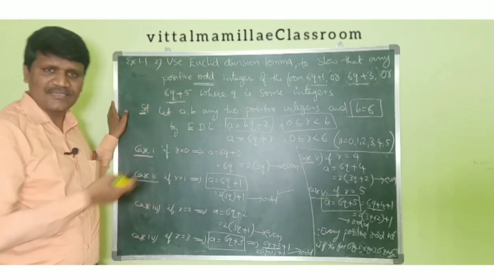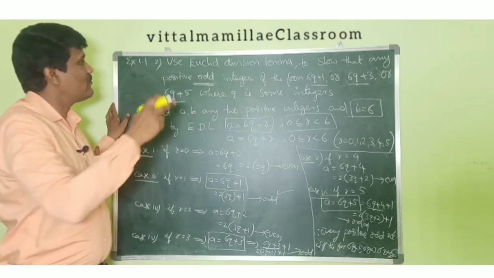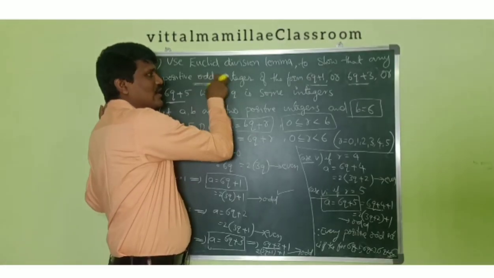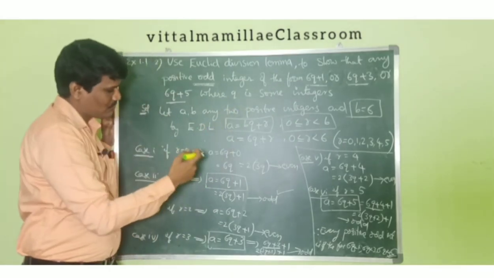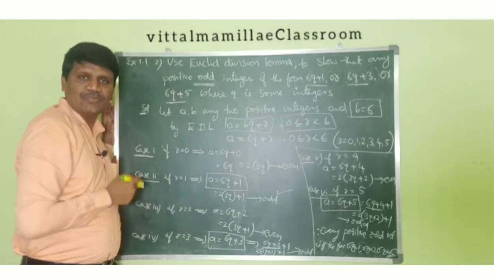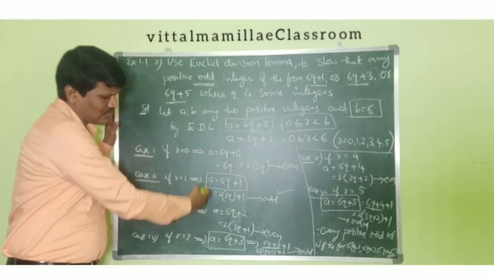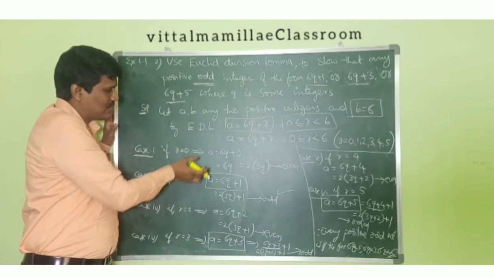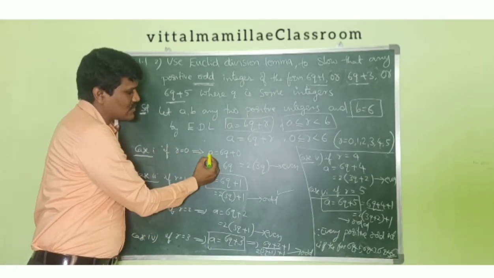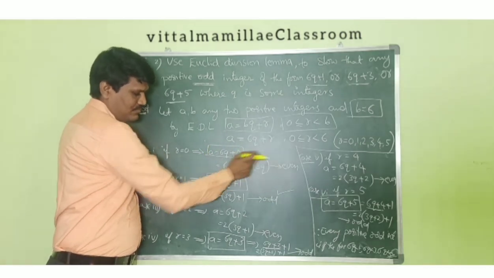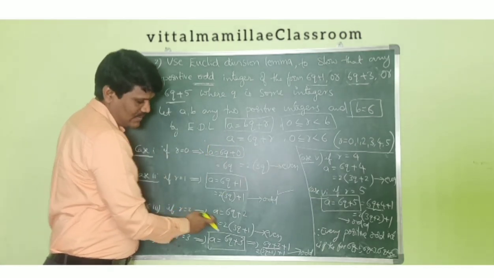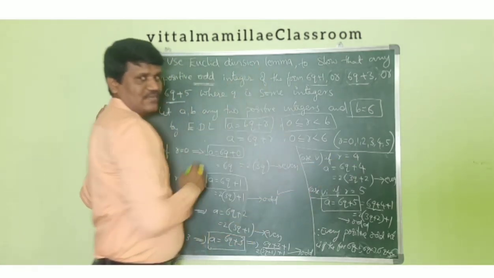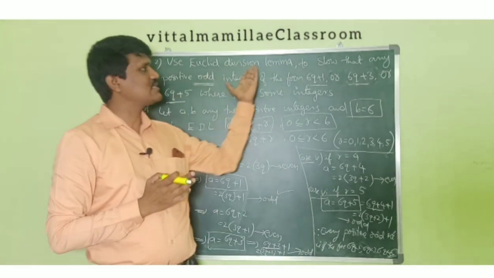This question may be asked differently. What is that? Every even positive integer is of the form 6q plus 2, 6q plus 4. Same thing which you can write, everything is the same, but for r is equal to 0, 6q is there, right? This is even, and next 6q plus 2 is even, 6q plus 4 is even. That means we can write this question in two forms.